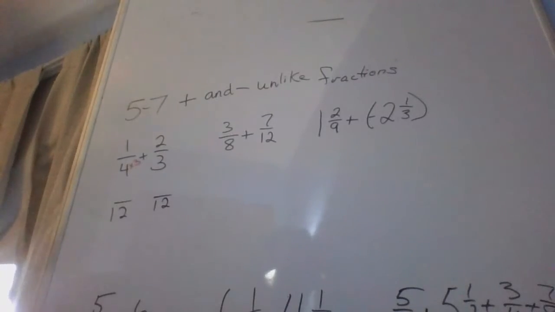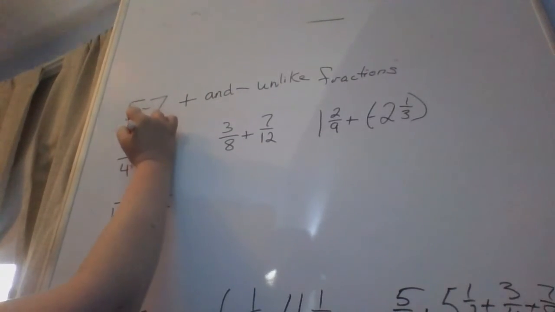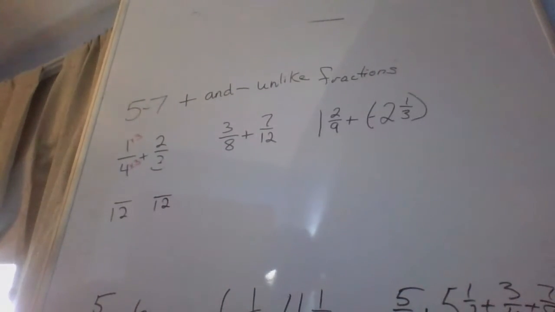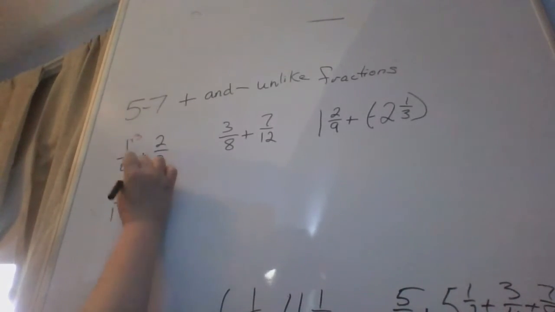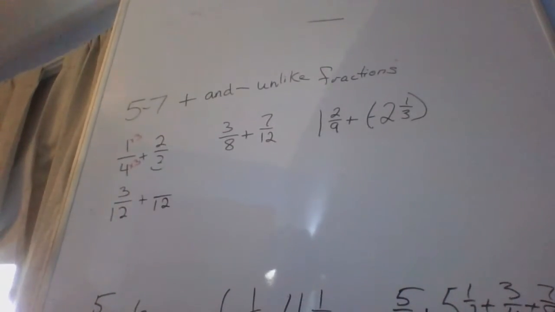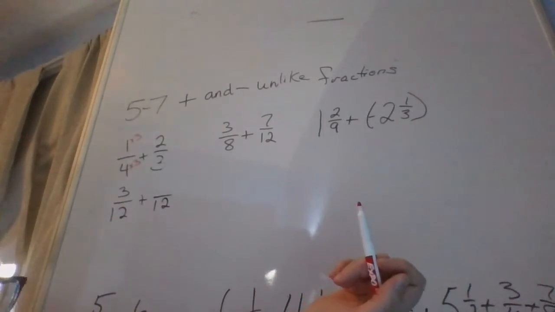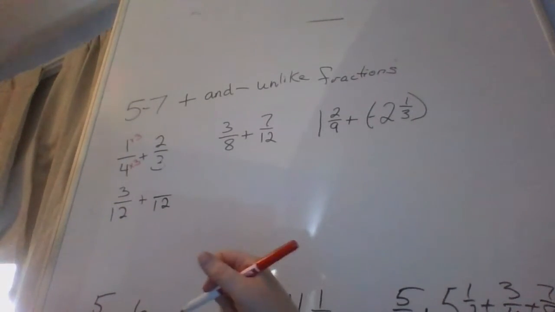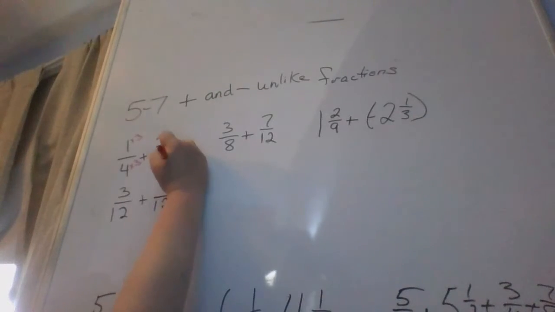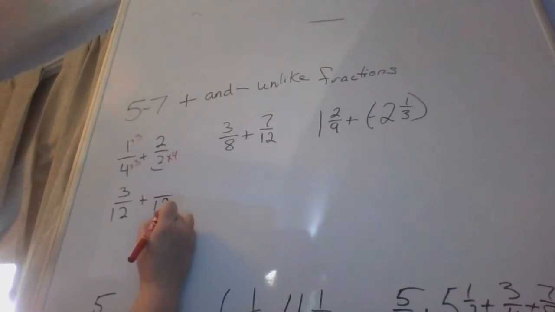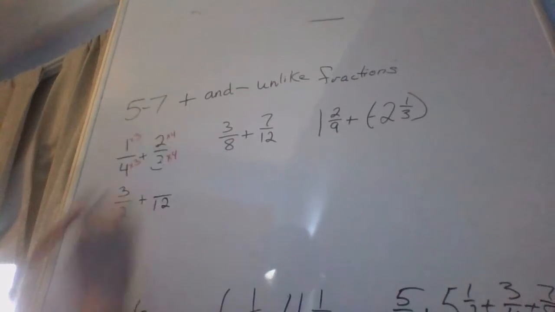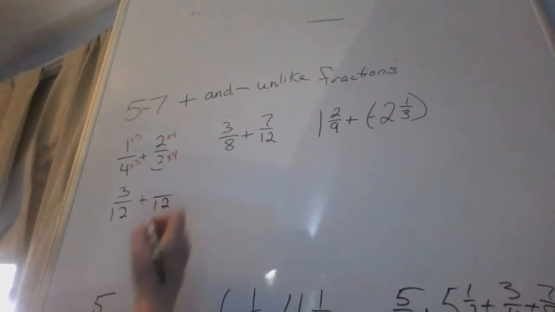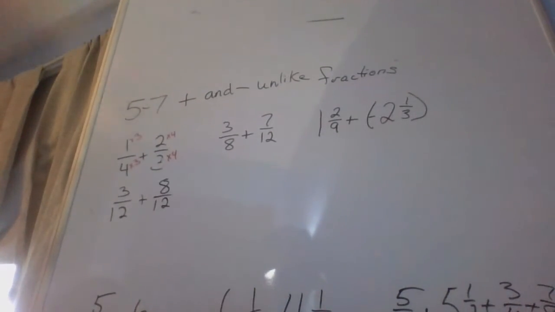If I multiply that times 3, I also need to multiply my numerator times 3. When I do that, I get 3. My addition sign stays there. With my other fraction, of course, it's going to be something different that I'm going to multiply by. So in this case, 3 times 4 equals 12. If I multiplied that denominator times 4, I need to also multiply my numerator times 4 and get 8.